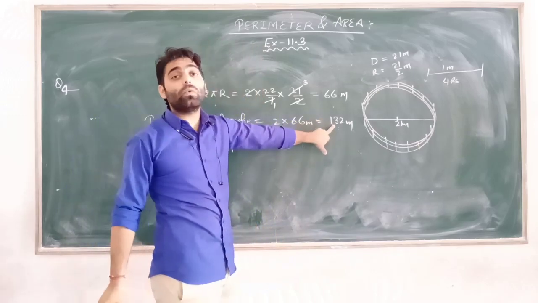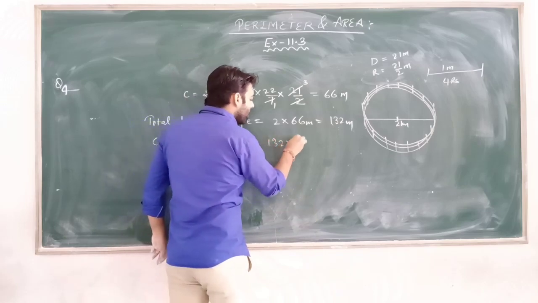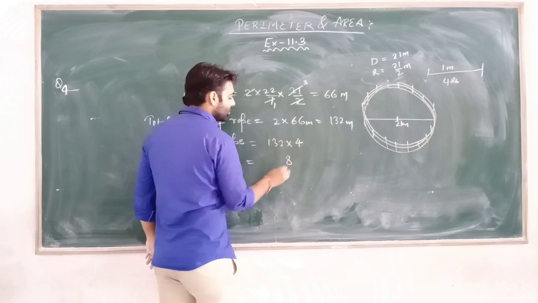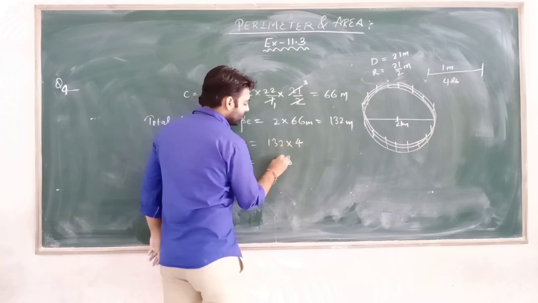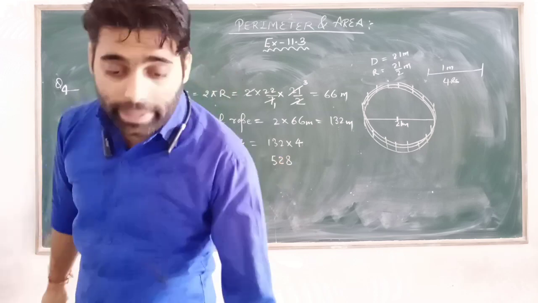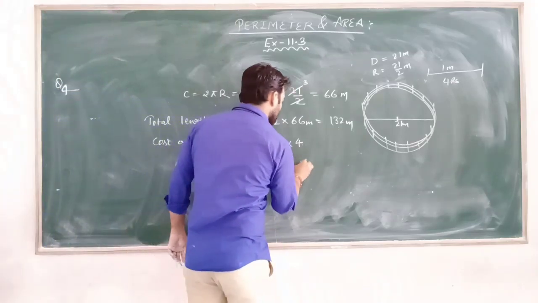Here 132 meter has been given, so 132 multiplied by 4. 4 twos are 8, 4 threes are 12. I think 528 rupees will be the answer.